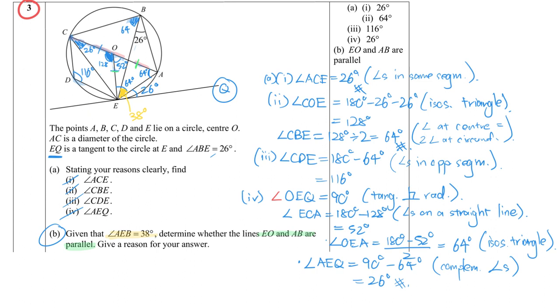So where is EO and AB? EO is this line here in green, and AB. Now, to check, basically we need to use facts that come from parallel lines. So when I have parallel lines, everyone, what are some of the most common things that occur? Very good. Alternate angles. Is there alternate angles that I can check and prove?